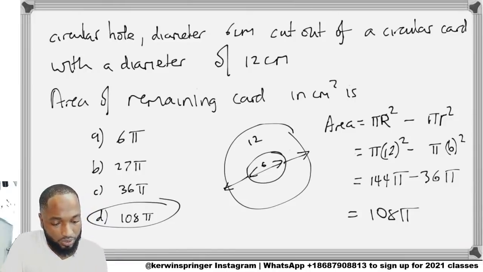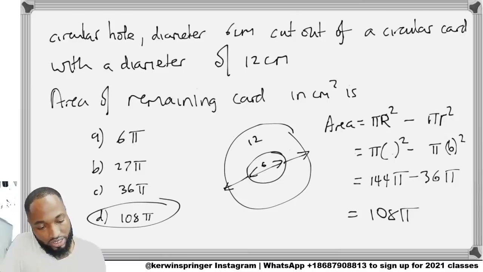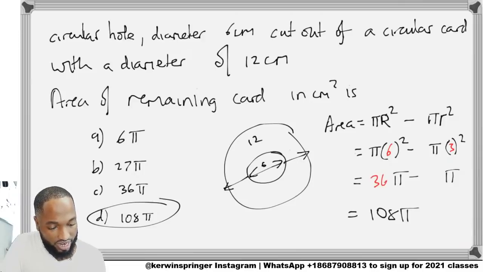So yes, I'm not supposed to use the diameter. I'm actually supposed to use the radius, so 6 and 3. So 6 squared is actually 36 and 3 squared is actually 9. So what are we looking at? 27 pi.